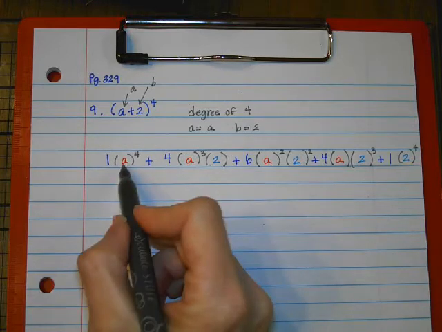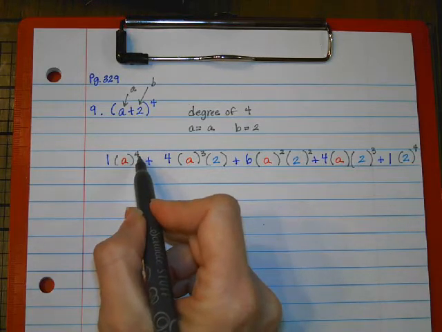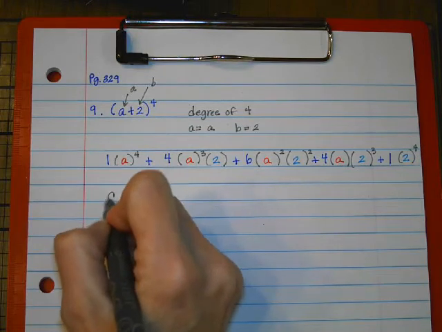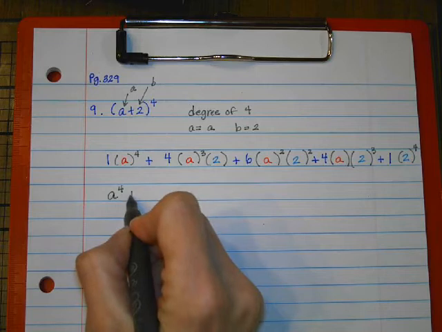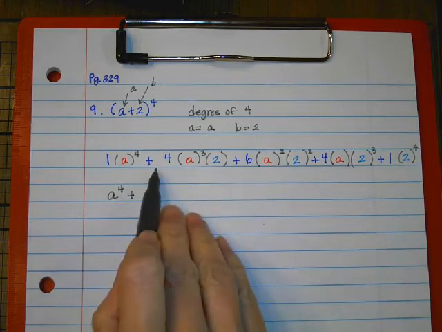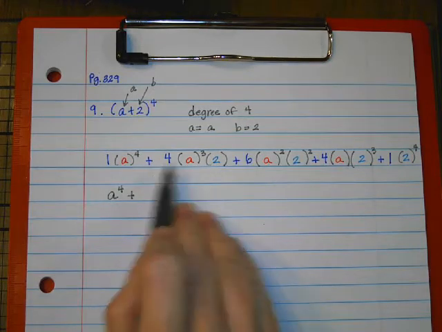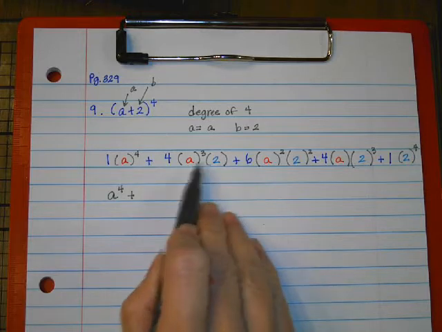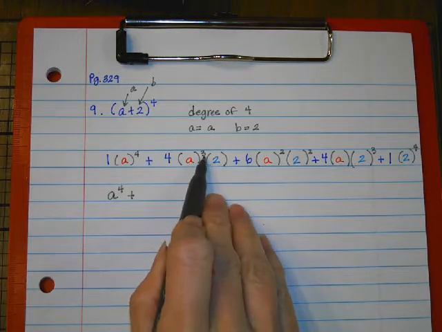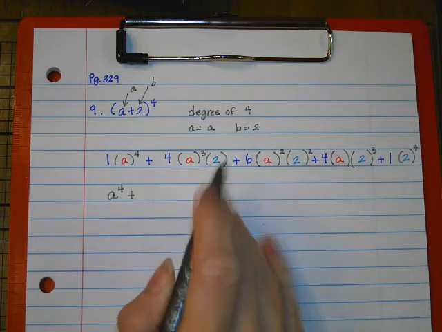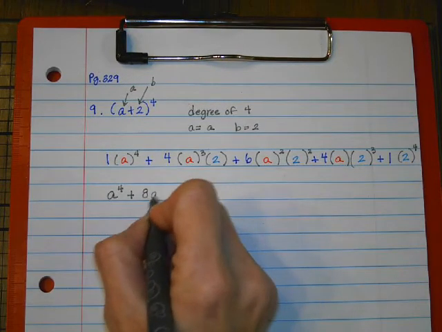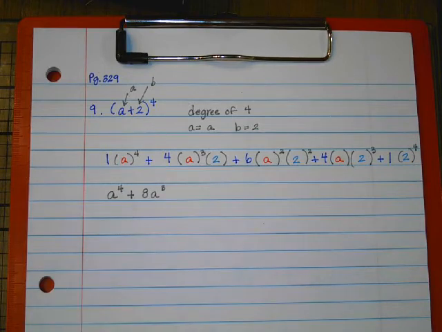Well, A to the fourth power is A to the fourth times 1, which is 1A to the fourth. So then I've got 4 times A to the third times 2. A to the third power is A to the third, so then I multiply the coefficients. 4 times 2 is 8A to the third.